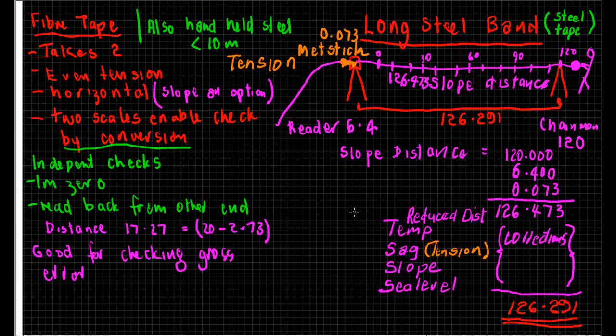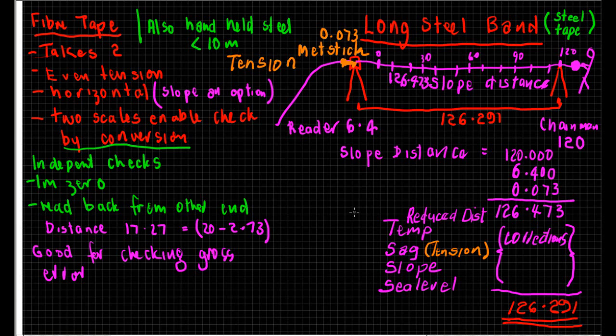Then the surveyor will pull out the chain through the reader until the chainman finds the nearest 10 metre mark. Now in the example that I've got there, the chainman's found the 120 mark on the chain, so it'll be 12 10 metre lengths through to the 0.